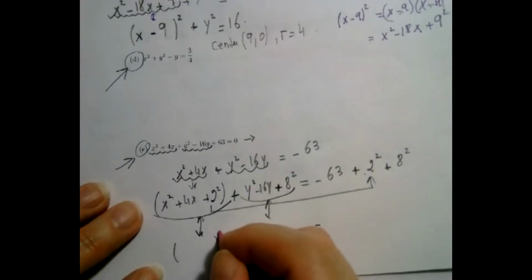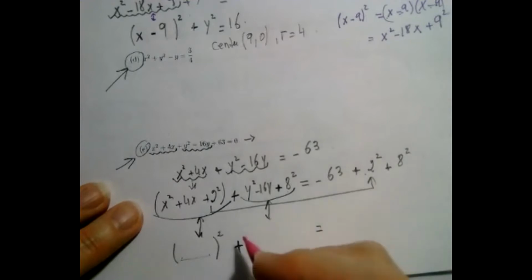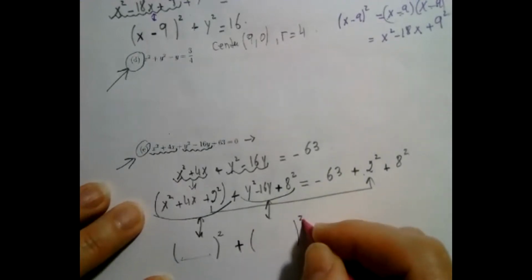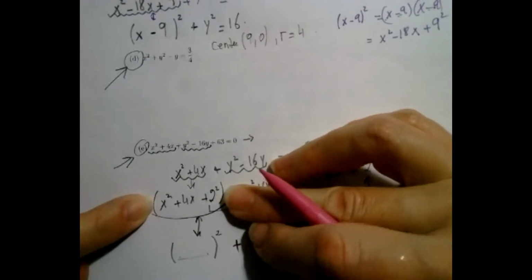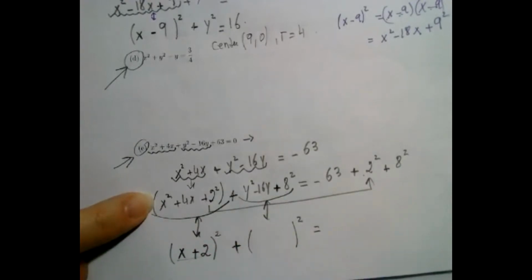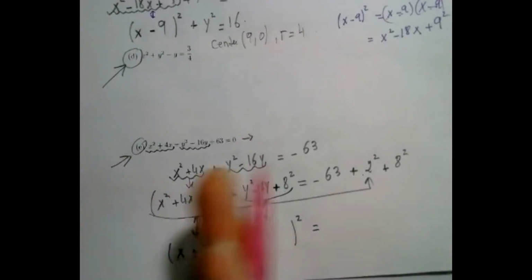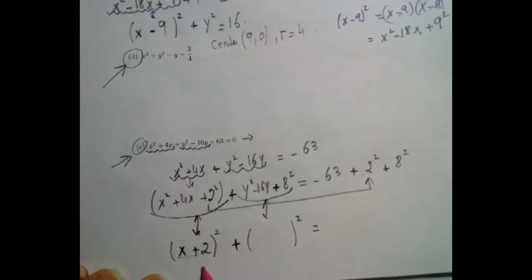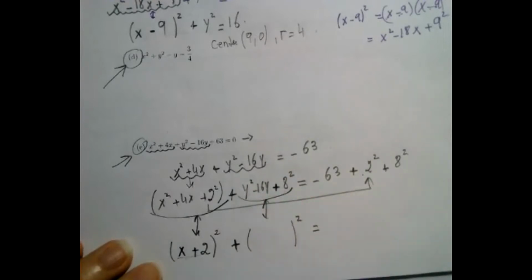This is something squared. What should go here? So this is what squared? x squared plus 4x plus 2 squared. This is x plus 2 squared. So if you take x plus 2, you square it, and then you distribute, you get exactly that. What about this term? This is what?